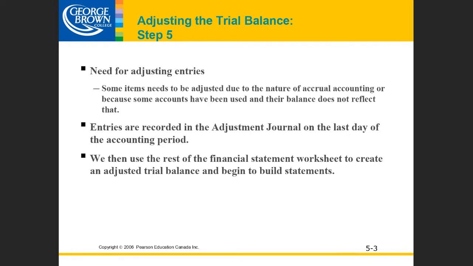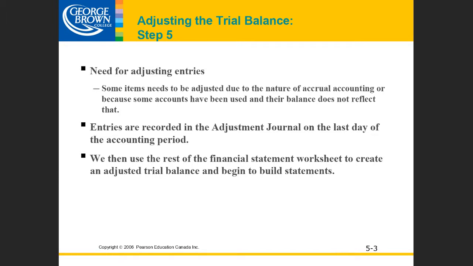So step number 5 is adjusting the trial balance and the need for adjusting entries. Adjusting entries are essentially transactions that have not necessarily occurred, however, need to be entered into the accounting system so that account balances are reflective of the true balance within the account. Okay, we need to do adjusting entries because of the nature of accrual accounting.